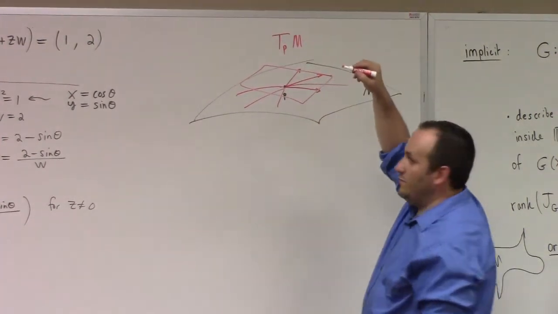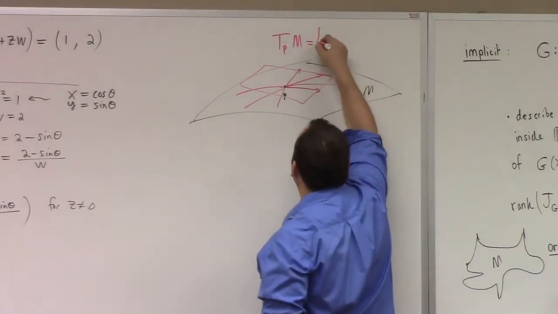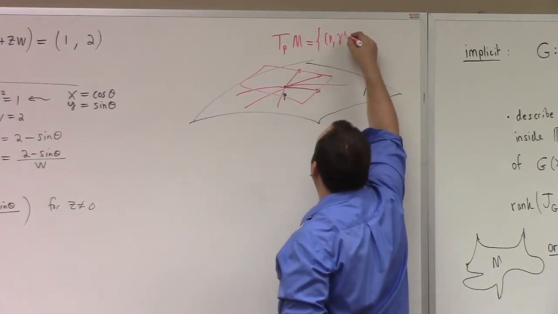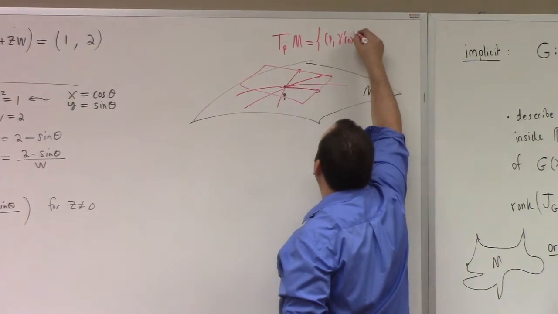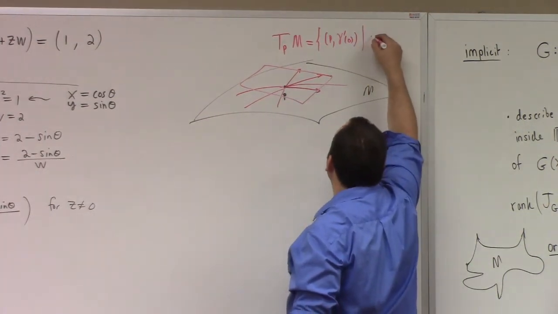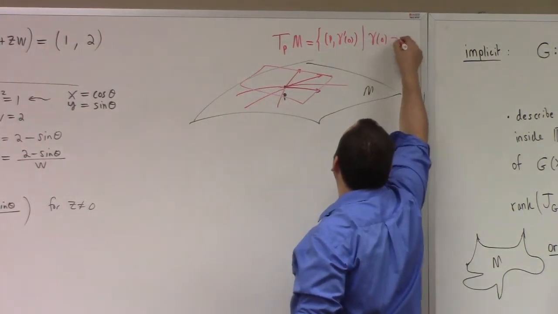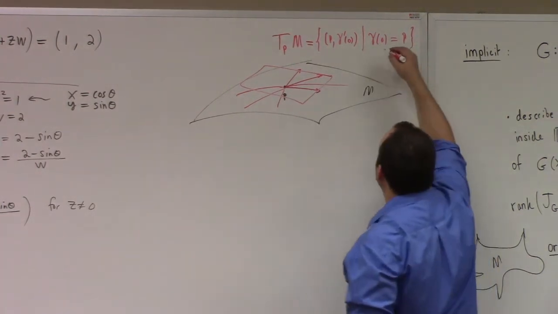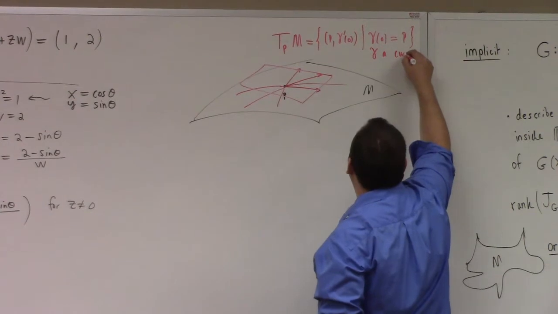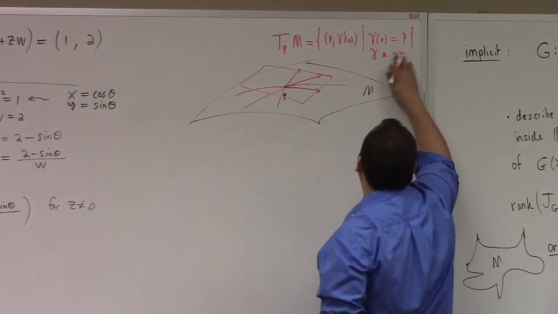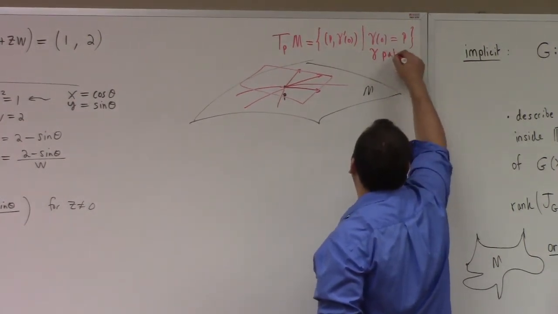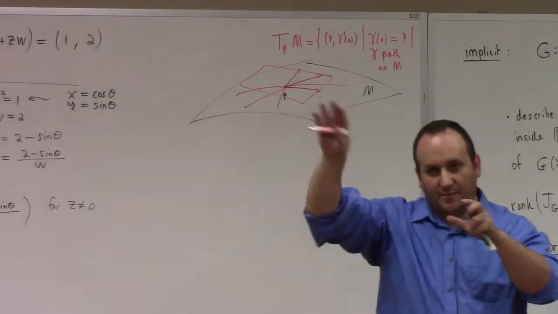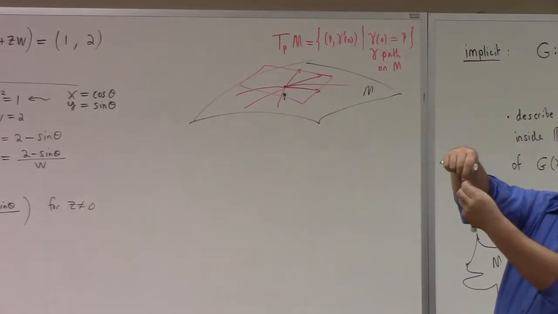So we can say that it's basically the set of pairs P, gamma prime of 0, such that gamma of 0 is equal to P, and gamma is a curve, well, let's say a path on M. So we look at all possible paths on the manifold that go through the point.